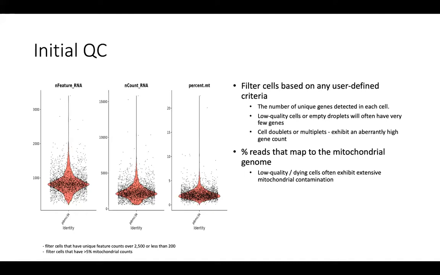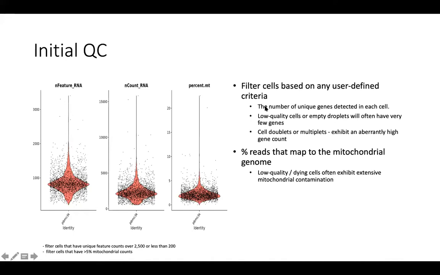They have a high number of mitochondrial reads, which could sometimes be an artifact of tumor biology, because tumor cells are rapidly dividing. There could be a lot of mitochondrial gene expression. And so what you're seeing here is an initial QC plot that we always take a look at.